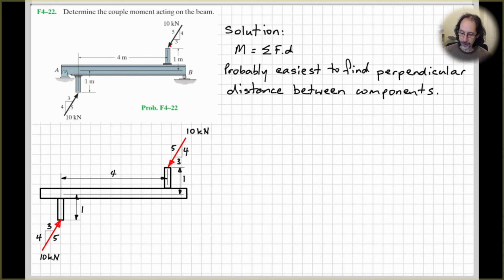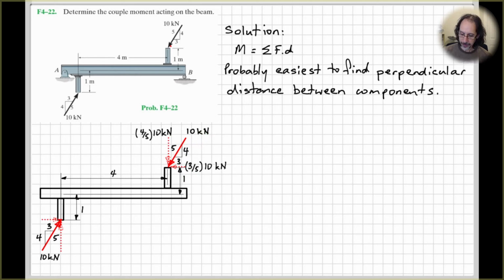We've got a magnitude of 10 kilonewtons for our forces. So putting on my components there, using the ratio of our triangle, the horizontal component here will be 3/5 times 10, and the vertical component will be 4/5 times 10. I think I've drawn them down here on the other side as well.